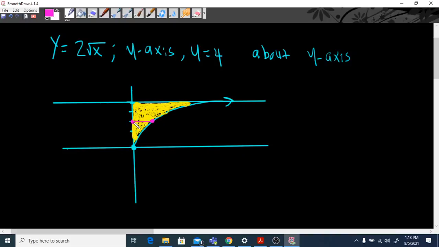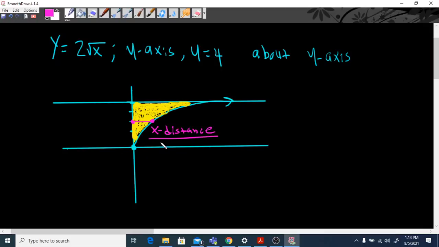And this little cross section here will actually produce a circle, with radius this. And this, let's be very clear, this distance is an x distance. Okay, it's an x distance.